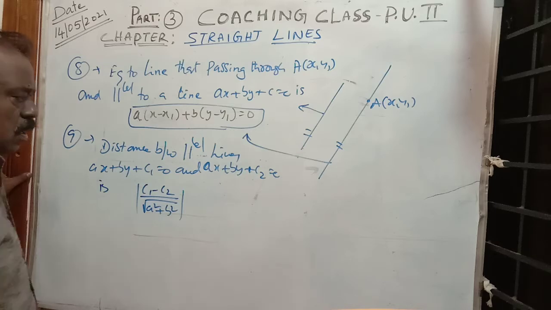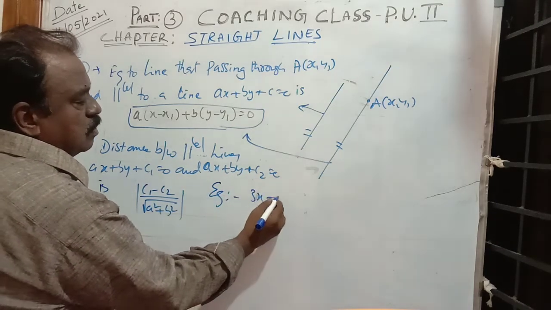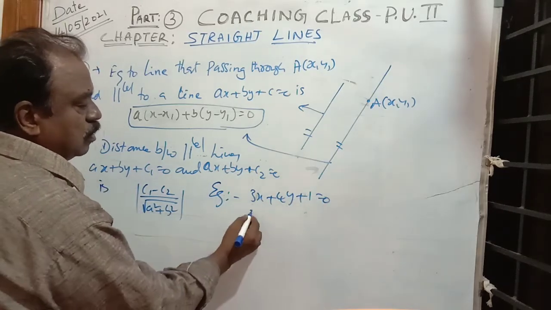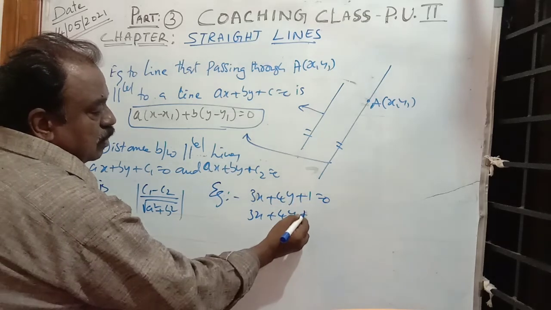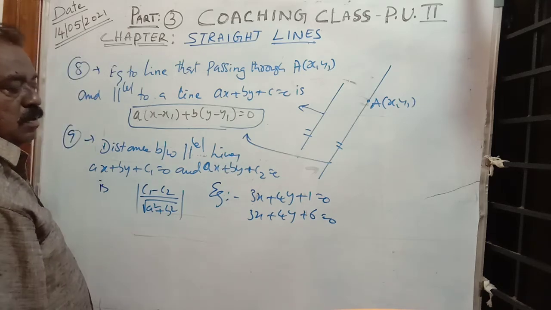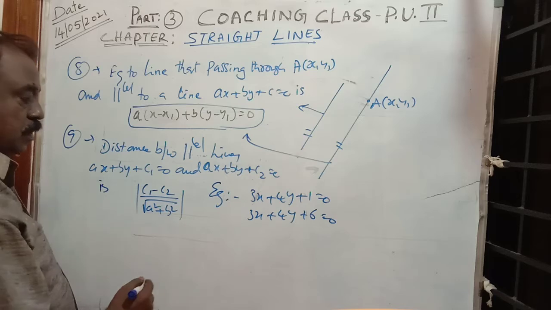For example, 3x + 4y + 1 = 0 and 3x + 4y + 6 = 0 are there. The difference is clearly 5.